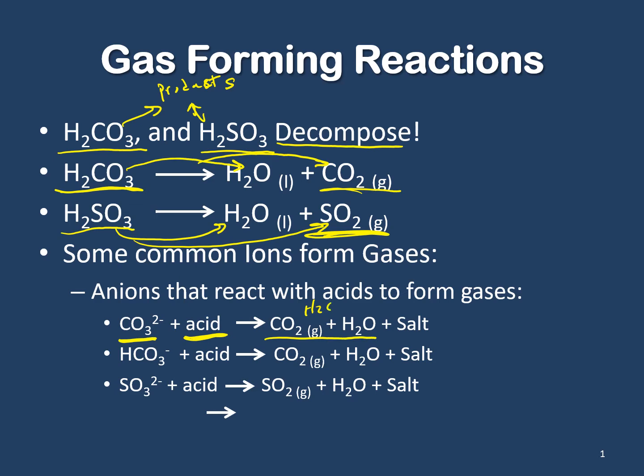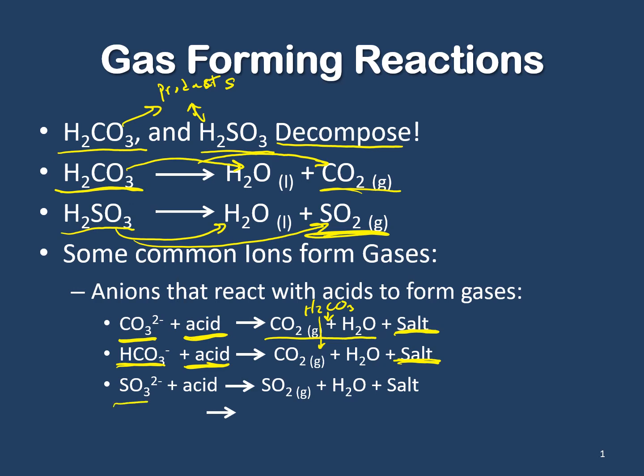That's what these two were, right? But then it breaks down into these two substances. And some ionic compound is the product. If we react bicarbonate with any acids, we're also going to form carbonic acid, and it'll break down into CO2 and H2O. And in addition, we'll also form another ionic compound.